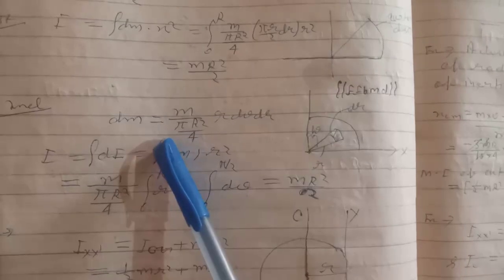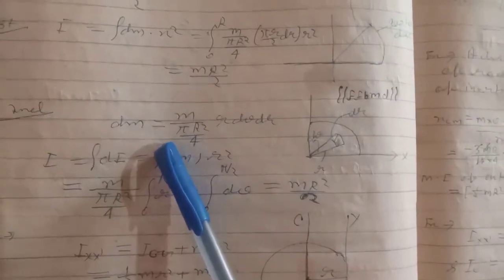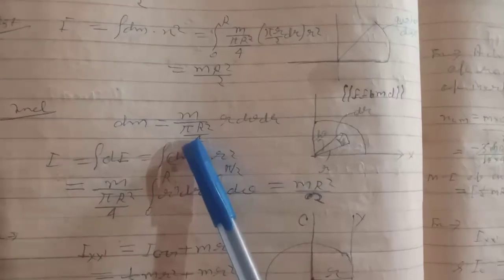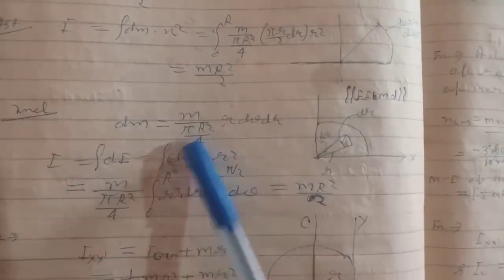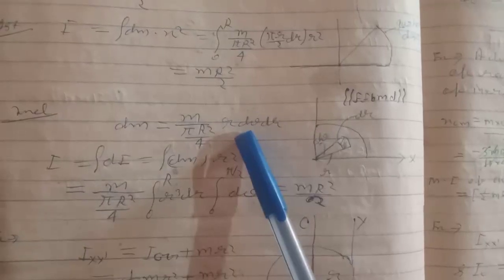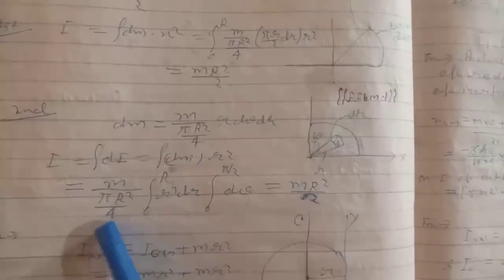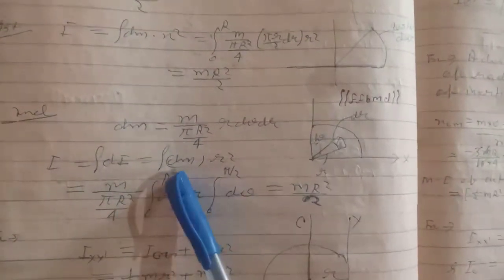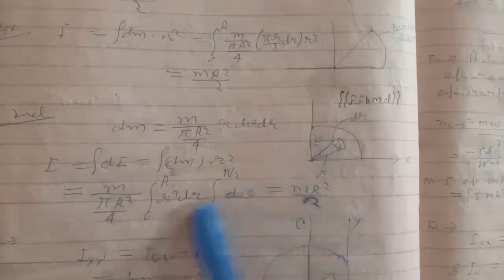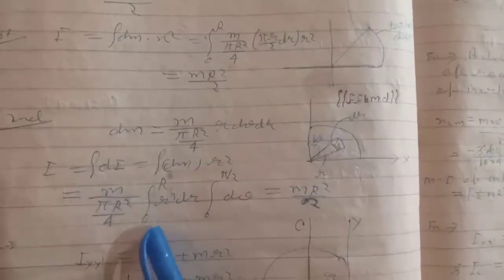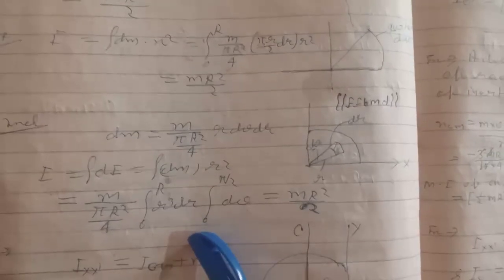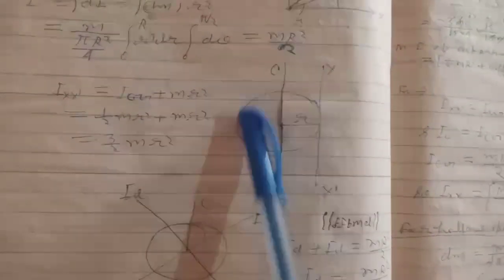For a quarter disk, dm equals m by (pi r square by 4) into r d theta into dr. Hence integration dI, integration dm into r square, m by (pi r square by 4), 0 to r r cube dr, and 0 to pi by 2 d theta, equals mr square by 2. Ix equals ICG plus mr square: 1 by 2 mr square plus mr square gives 3 by 2 mr square.